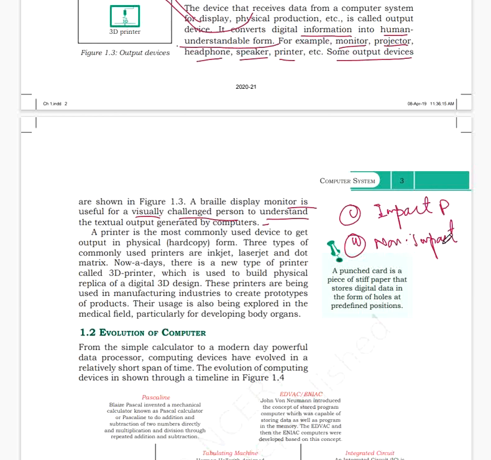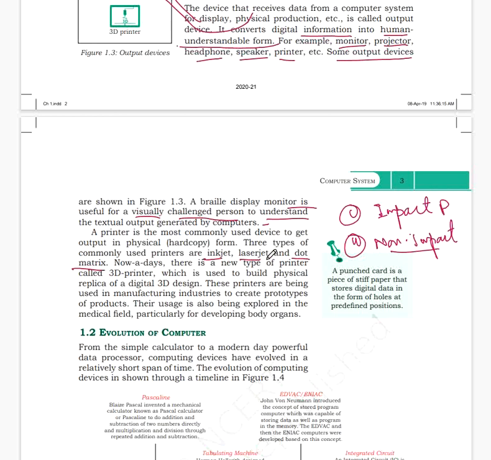And in the non-impact printer, there is no direct contact between the writing head and the paper. There are some other concepts by which we write the content on the paper, and these printers are the inkjet printer, the laser printer, and the dot matrix printer. In the inkjet printer, liquid ink produces a jet, and on the basis of that the characters are printed.